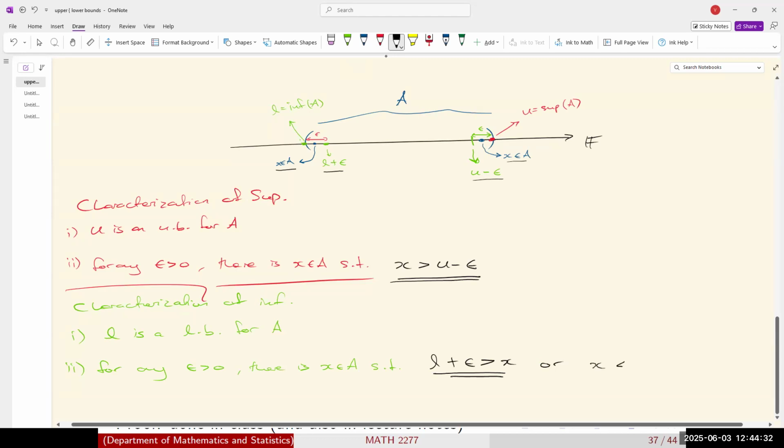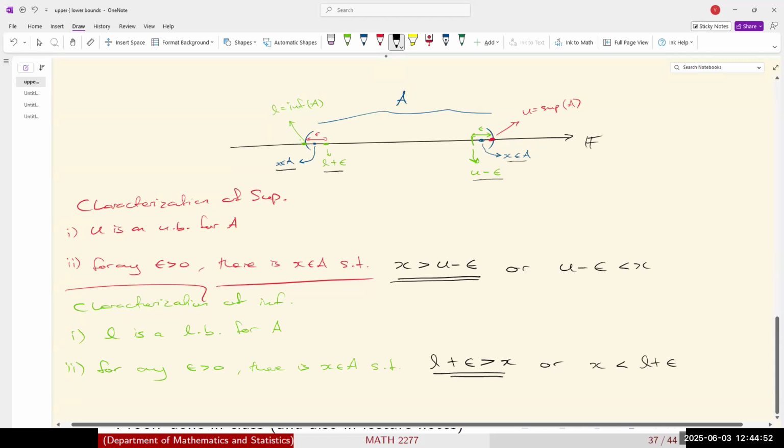You could say X is smaller than L plus epsilon, right? Either way is fine. They both mean the same thing, right? So this here is the idea behind the characterization of supremum and infimum.